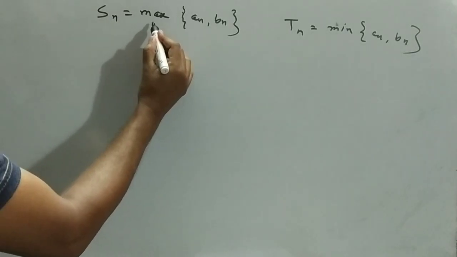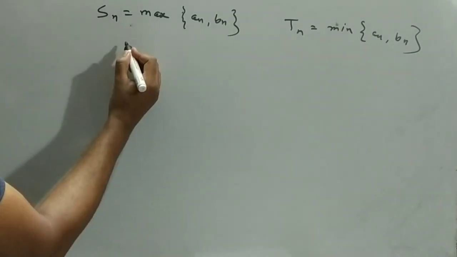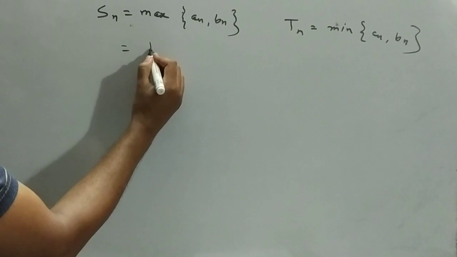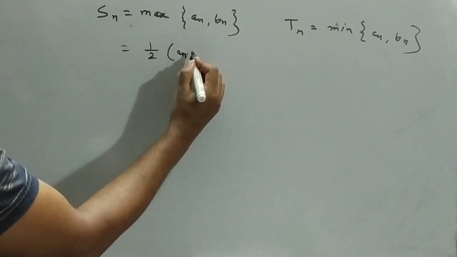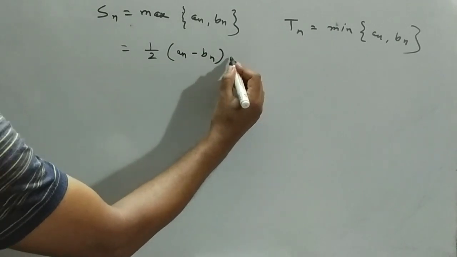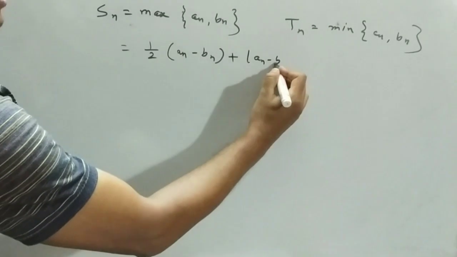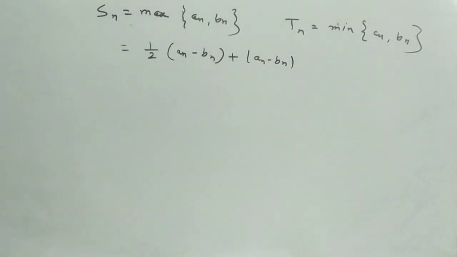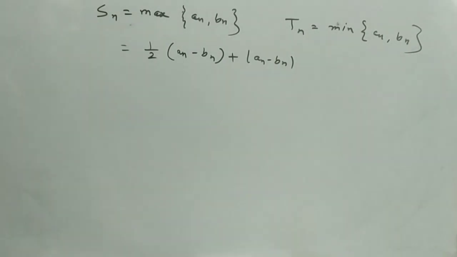Sn equal to maximum of an, bn and Tn equal to minimum of an, bn. So we can write this equal to half (an plus bn) plus mod of (an minus bn), right?